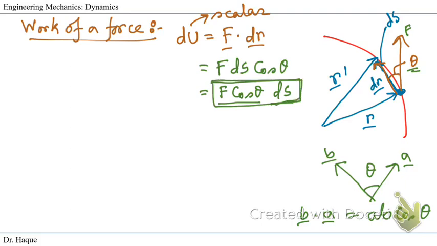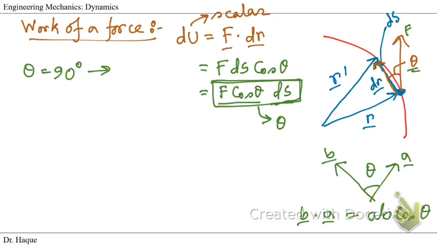So now let's see more about this equation. What if theta has a different value? Let's say different scenarios. Scenario one: when theta equals 90 degrees, then cos theta equals 0.